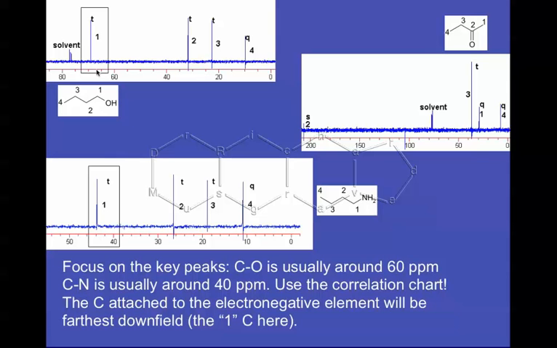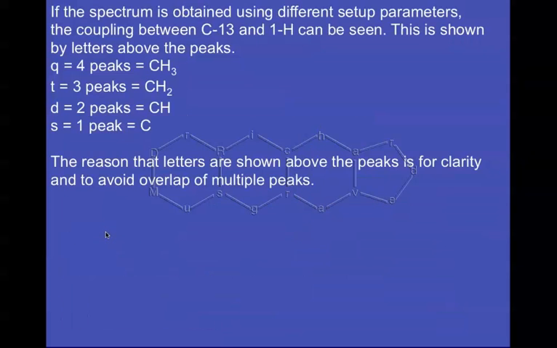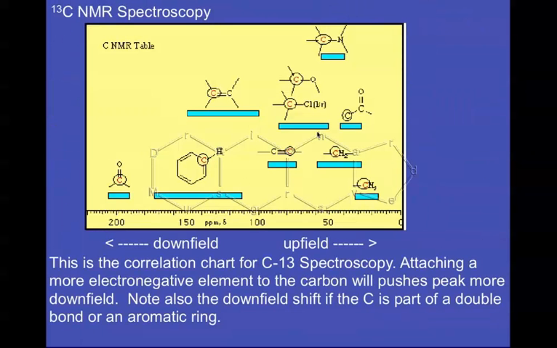Now, since this peak appears around, looks like about, let's see, it's 60, 70, that's 80. It looks like it's around 68 ppm. And you've got this peak here, it looks like it's around 44 ppm. Now, if we go back to our correlation chart, you can see that C's around O's are typically around 60 ppm.